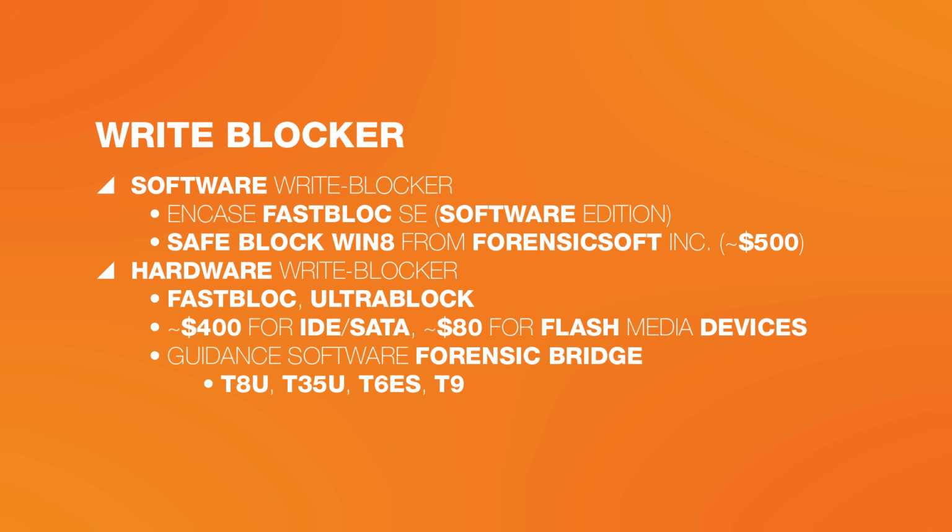Hardware write blockers use a hardware device that physically separates your evidence disk from your forensic workstation. What is a software-based write blocker? A software write blocker uses a software application installed on your forensic workstation to prevent the workstation from writing to attached disks.